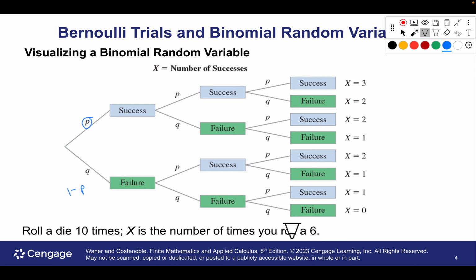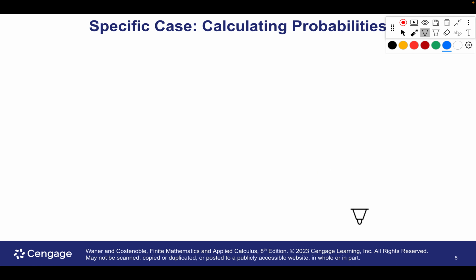X is the number of times you roll a 6. If you roll it 3 times, then x is equal to 3. If you roll it 2 times, it's equal to 2. If you never get a 6, x is equal to 0. So it's tying together these 2 types of theory, and it allows us to turn everything into a number we can use.